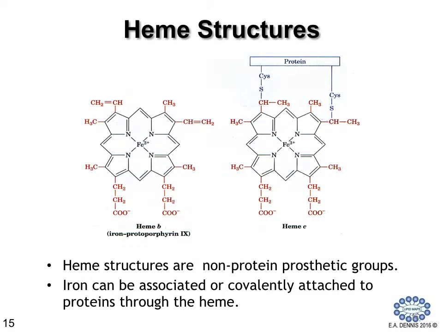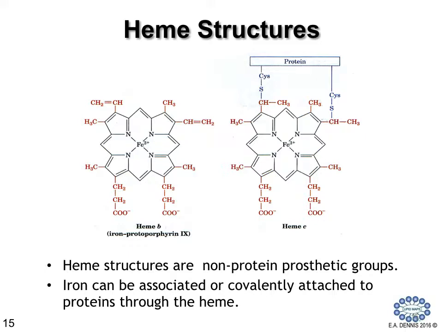There are numerous porphyrin structures and numerous heme structures. Shown here are just 2 examples. On the left is heme B, and its formal name is iron protoporphyrin 9. If you look at its structure, it has the basic ring structure, and in red are several side chains.